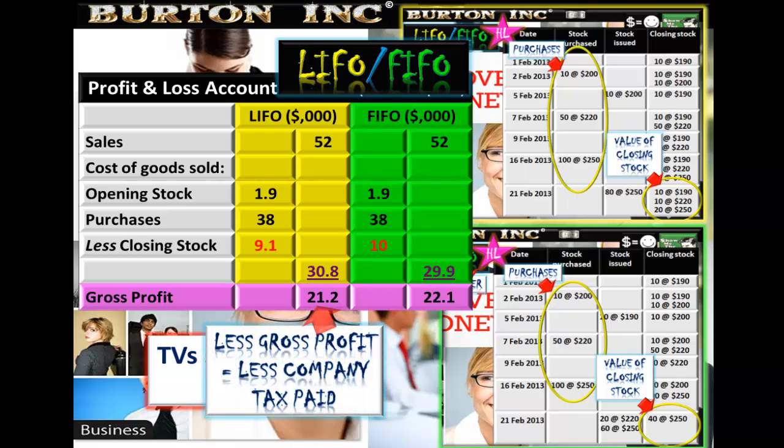So here we are, under LIFO, less gross profit. And if we have less gross profit, less company tax is going to be paid. And the whole point behind this very stressful, very difficult, very logical stock valuation techniques that we try so hard to get you students to learn is that it has significant tax implications.